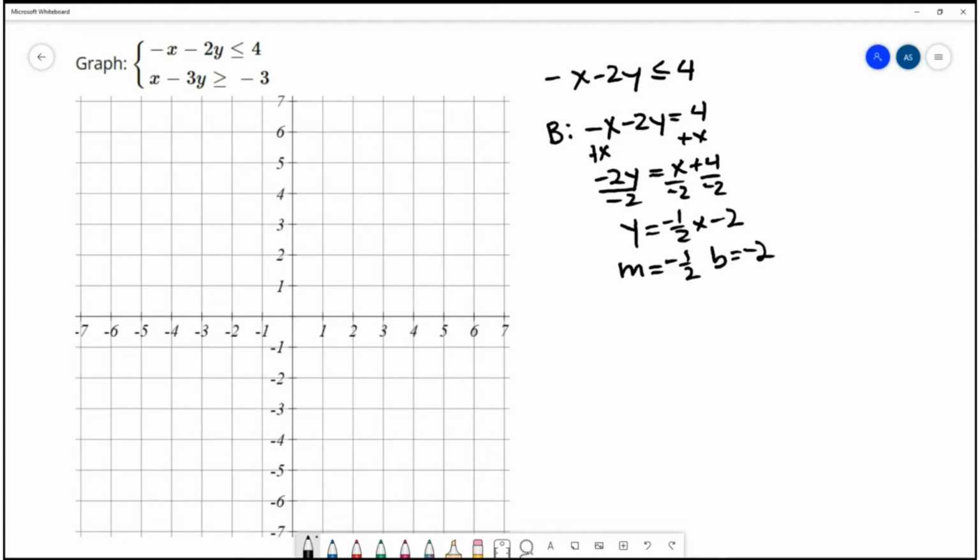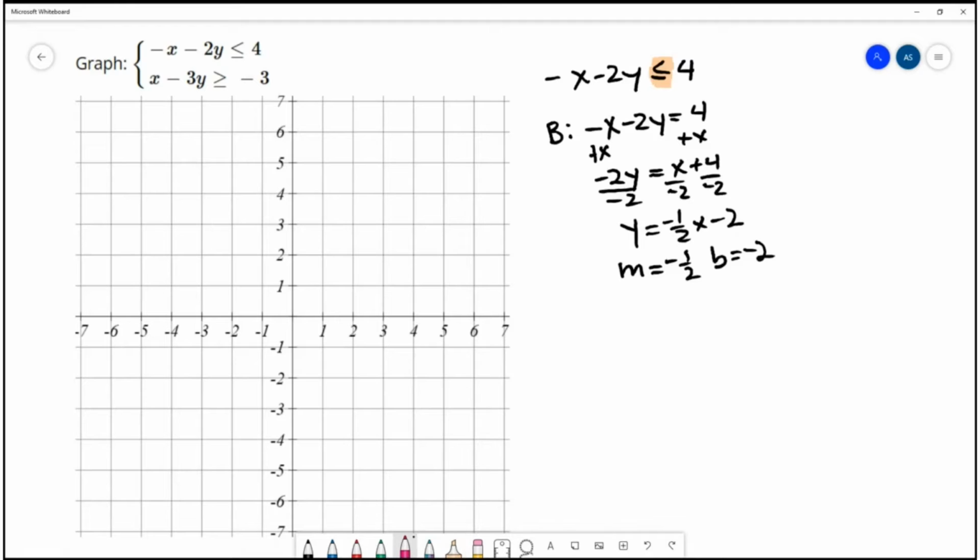of negative 2. So to graph this boundary line, you either want to graph the boundary line as a solid or a dashed line, and you know which one to draw based on what inequality you have.